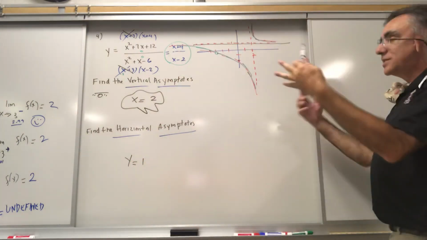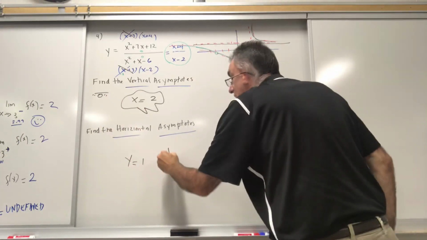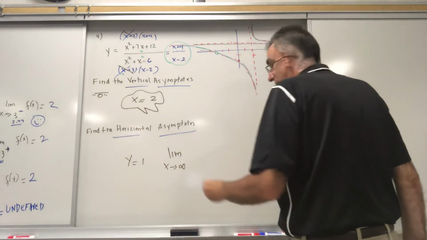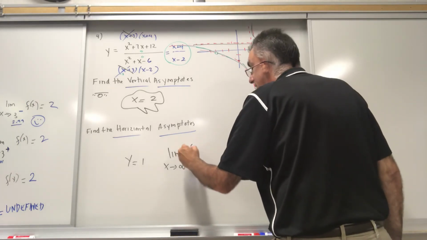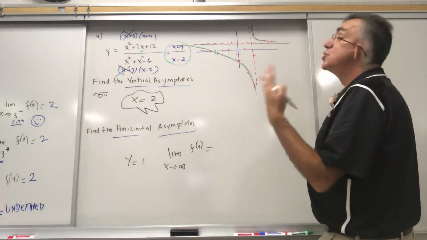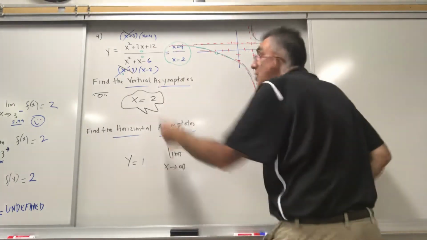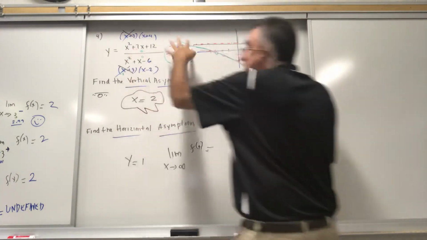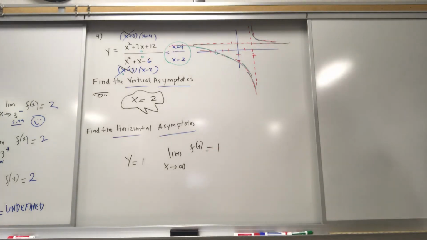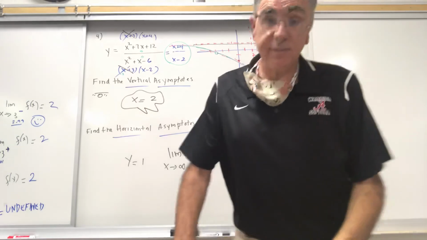Now, what is that? That's not when you're dividing by 0. That's the limit when x goes to infinity of that function. In this case, when x is huge, I get something divided by 1. You can even do it here, but it's easier to do it when you simplify it. There's 1. So there's the vertical asymptote and there's the horizontal asymptote.